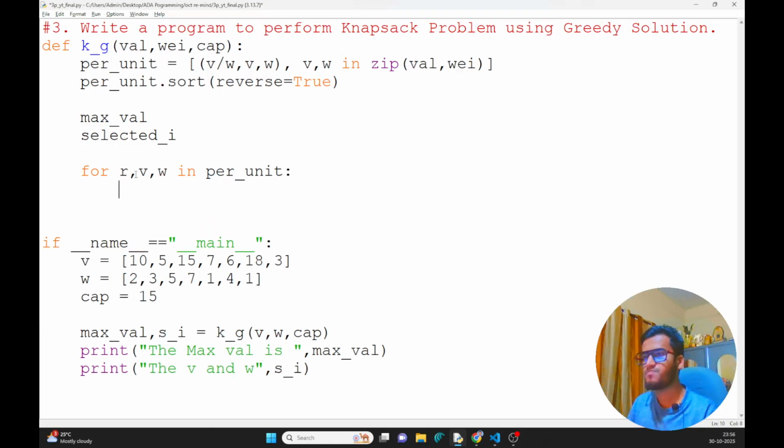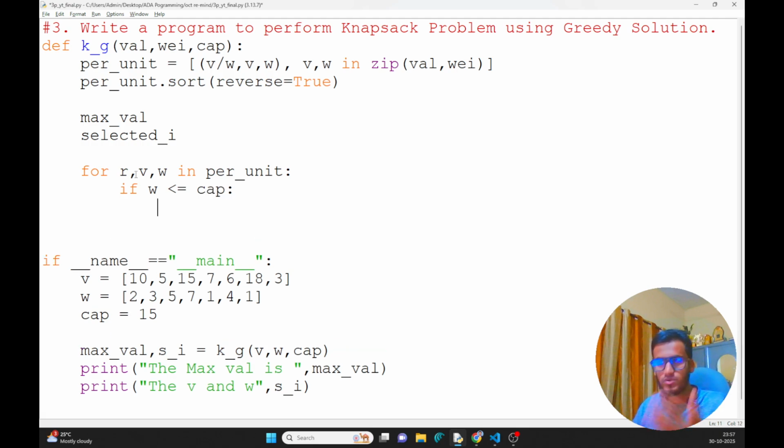So in this for, I will write an if condition. Weight should be less than or equal to capacity. Got it? When it is true, we will calculate the maximum value plus the profit.